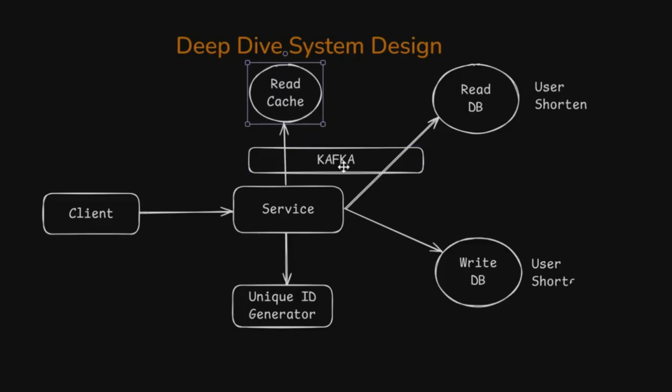We are just writing to Kafka and some services consume the messages from Kafka and write back to this read DB and the cache so that it can be used at a later point in time.